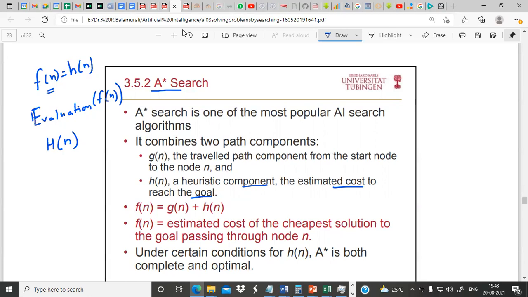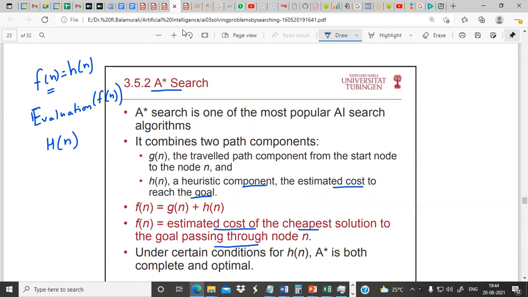So when you combine these two things, f of n is the estimated cheapest cost path from the initial state to the goal state, right? h of n is the estimated cost from the current state to the goal state, and g of n is the actual cost from the initial state to the current state.